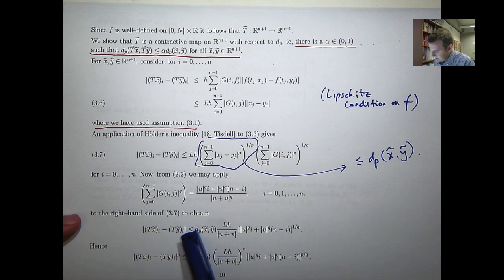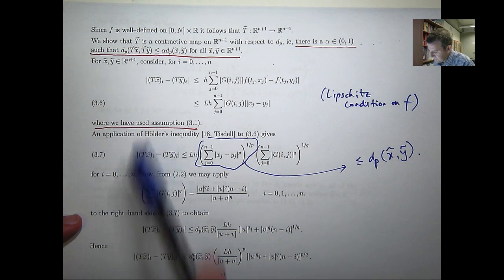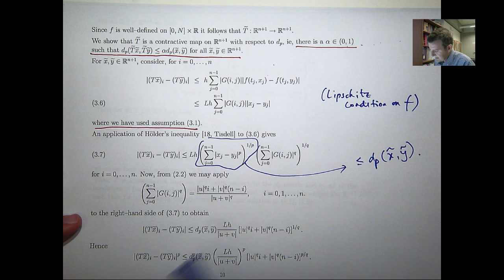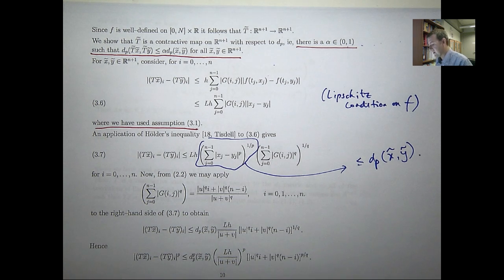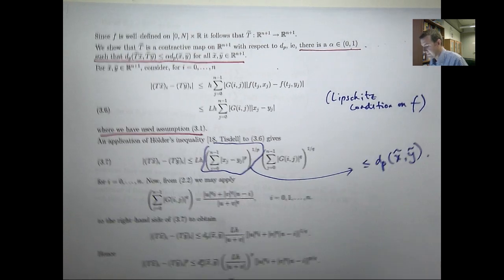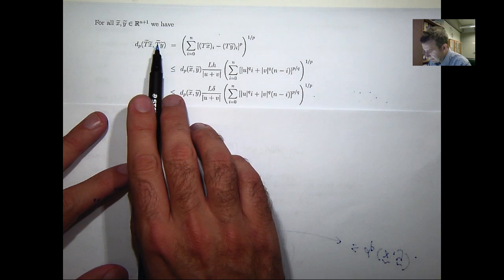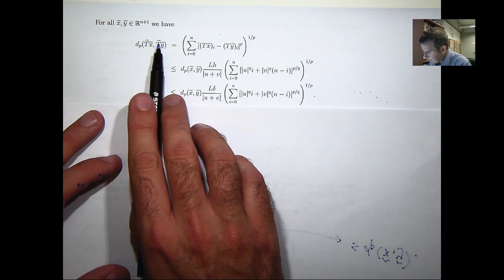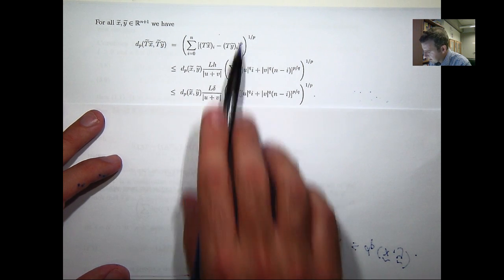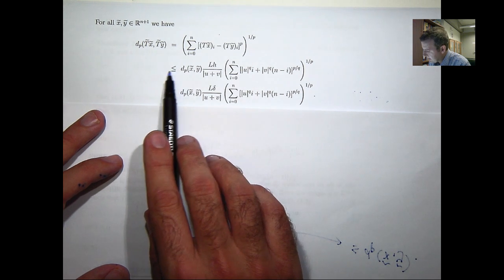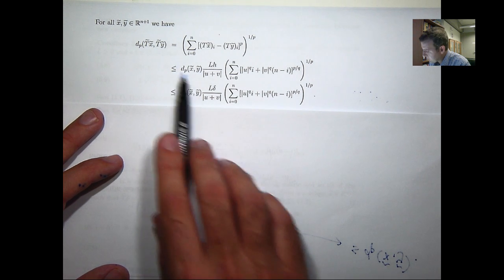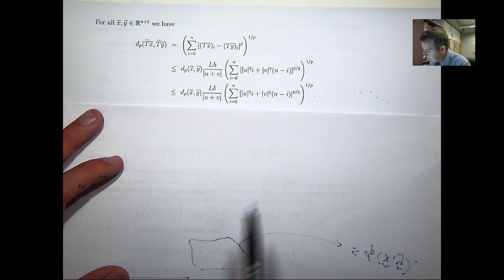And then, again, I'm trying to form this on the left-hand side. So I can take it to the power p and then sum up and take the whole thing to the power 1 on p. So here I've got d sub p of this, comma this, so it's just this. So using my earlier inequality, I come up with the following.